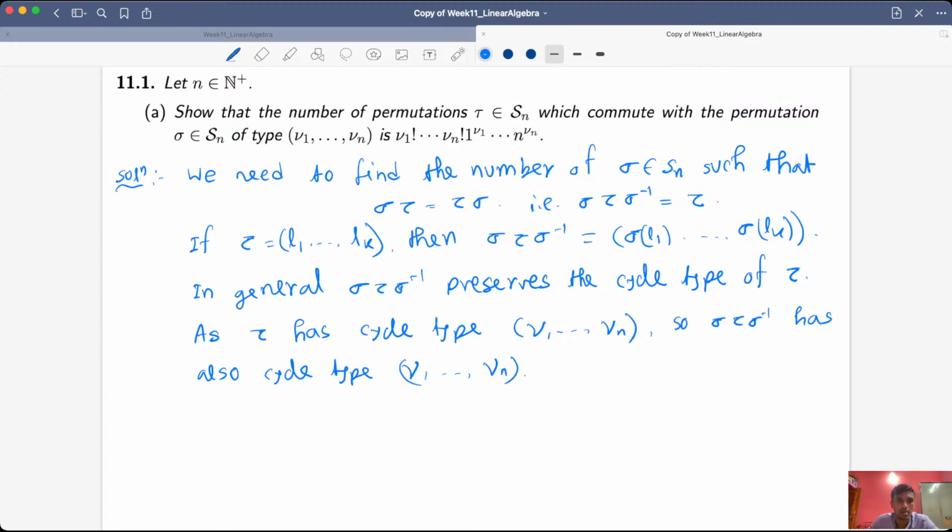Fine. Now how do you write it? Nu 1 is the number of 1-cycles, so tau fixes all of them. For those elements I can define sigma to be anything, that is, any permutation among those elements.